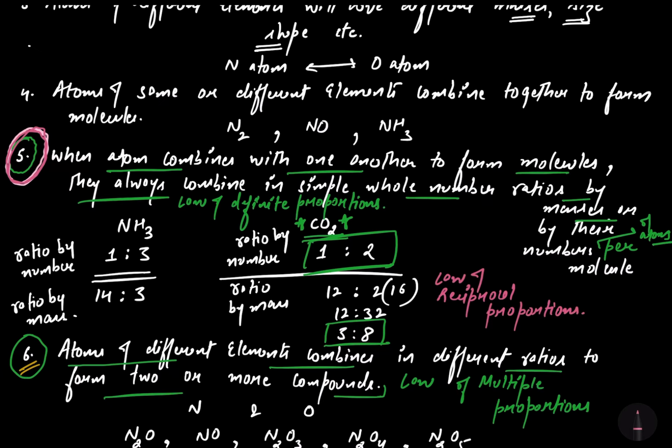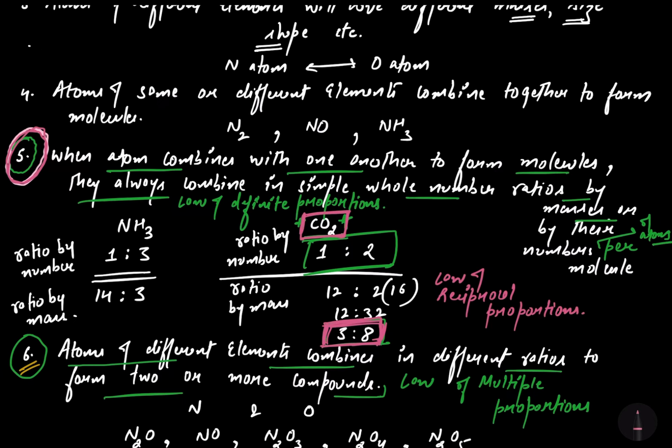To understand this, please go back to my lecture on the law of reciprocal proportion with numericals. Here the ratio was fixed, which I took as 3 to 8 for carbon dioxide.